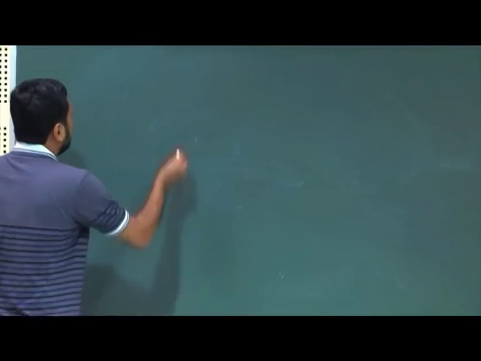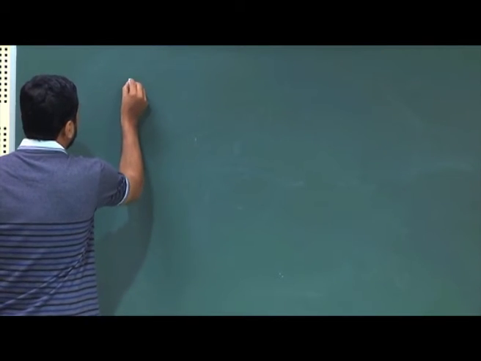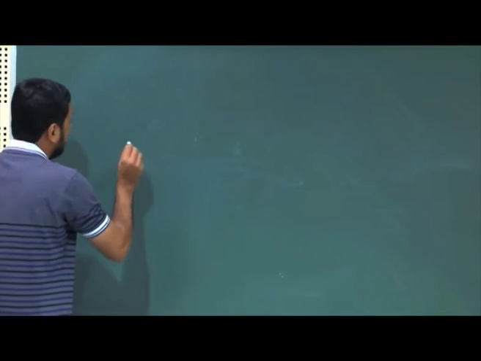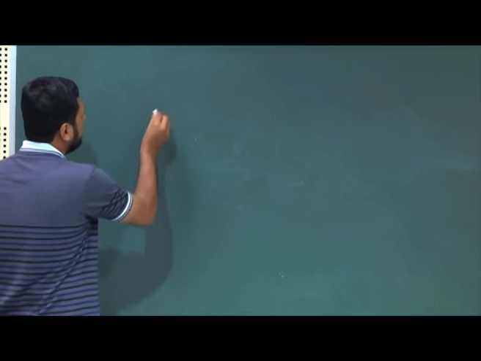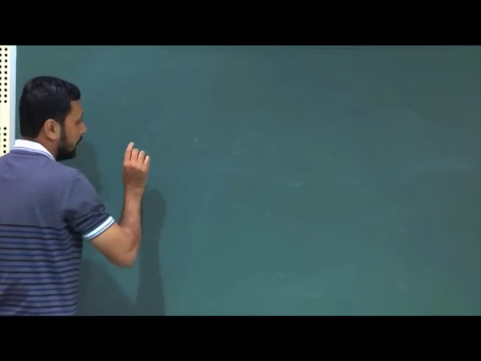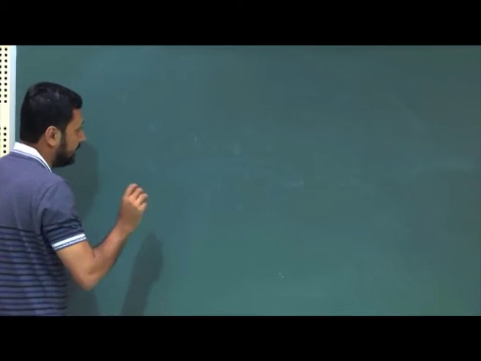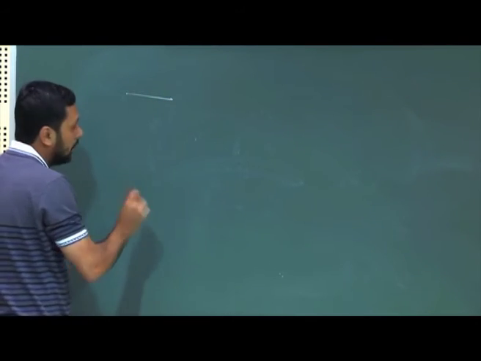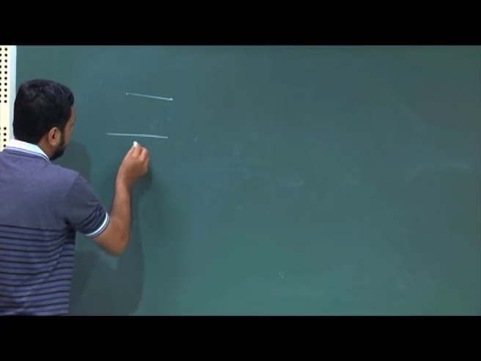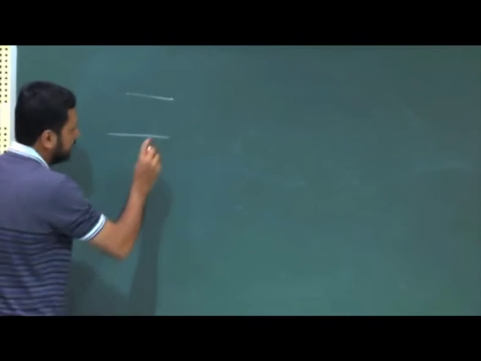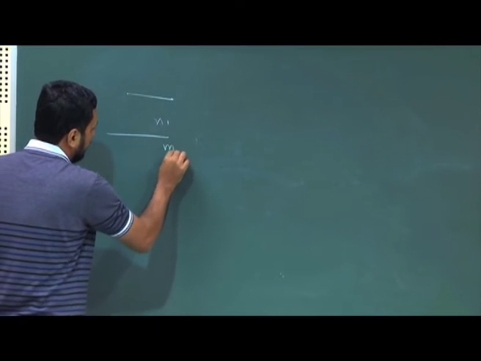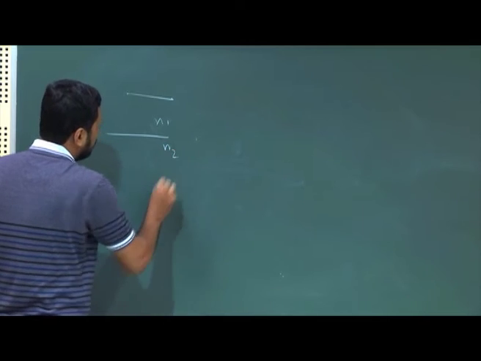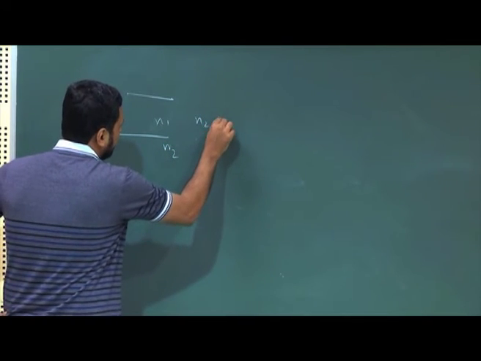Fermat's principle of least time says light traveling between any two points takes the shortest time. Now think of light traveling across an interface. You have n1, you have n2, and n2 is less than n1.